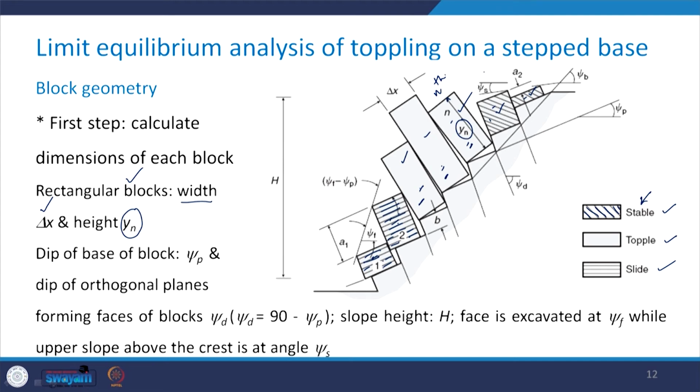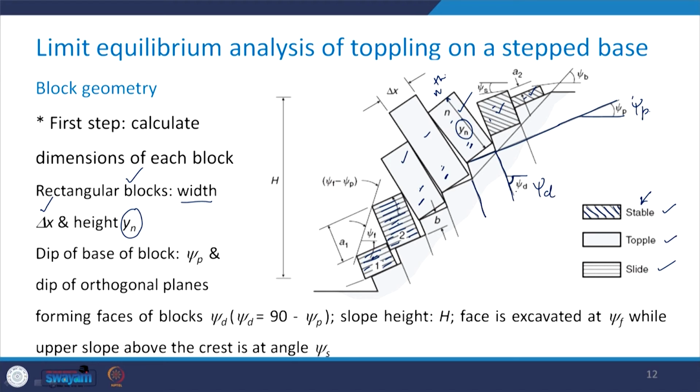Now, the dip of the base of the block is given as psi p, which you can see has been shown like this here. This angle is psi p, and the dip of the orthogonal planes which are forming the faces of the block, that means these planes, has been considered as psi d, which is this angle.